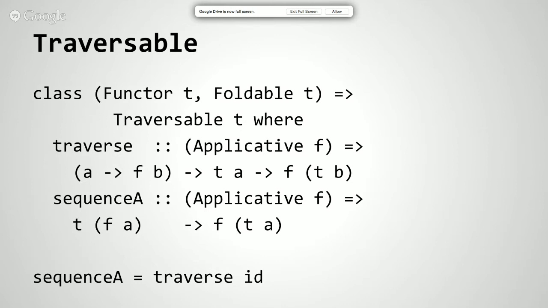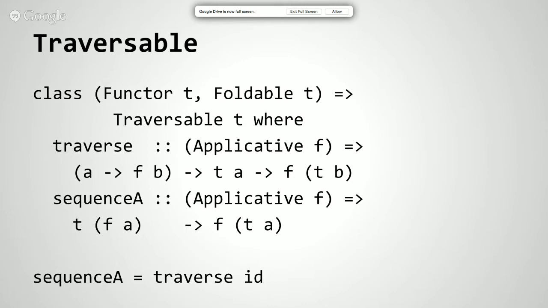And then traverse returns a function that takes a traversable of a's, or t of a's, and returns f of t of b, which is saying that it turns a t of a's into a t of b's in an f effect.